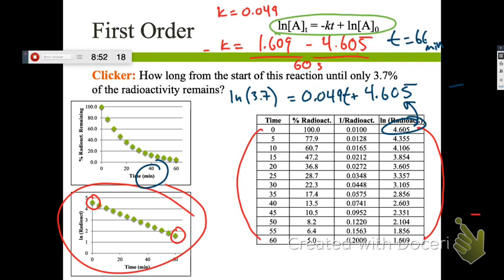What else can we find? The rate constant. Great. What else? You can find the ratio of the concentrations if you subtract. We can find how much is left, what percentage is left, the ratio of the concentrations.